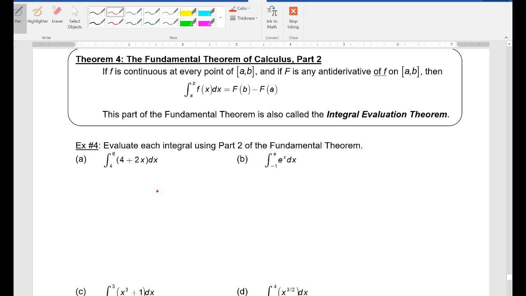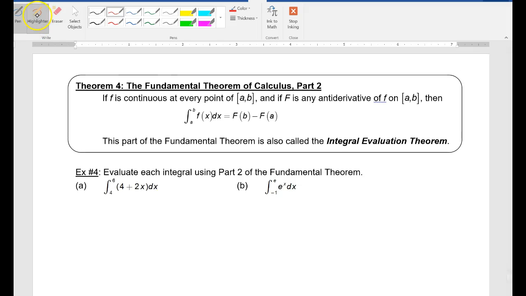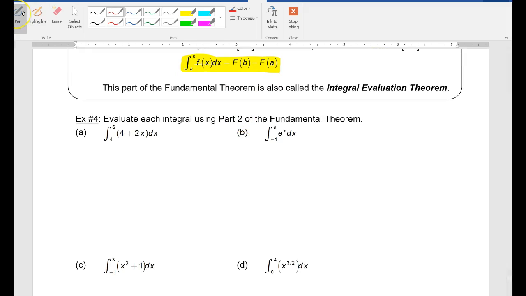Okay, so the next part, the fundamental theorem of calculus, we actually saw in the last section. This is basically where we evaluate the antiderivative at the upper bound minus evaluating at the lower bound. So we are going to integrate, so we're going to find the antiderivative. So 4 becomes 4x. Remember, we take x to the 0 power.